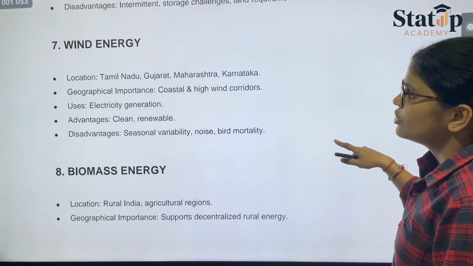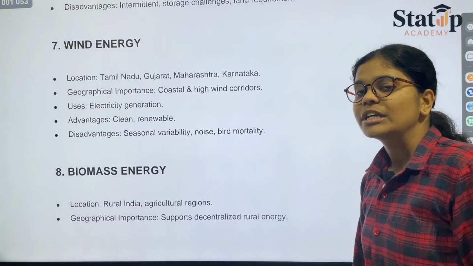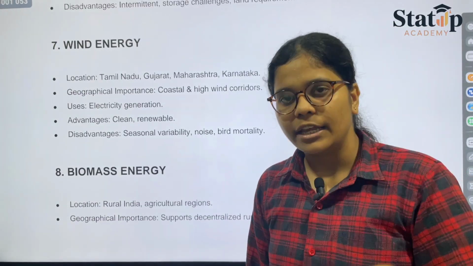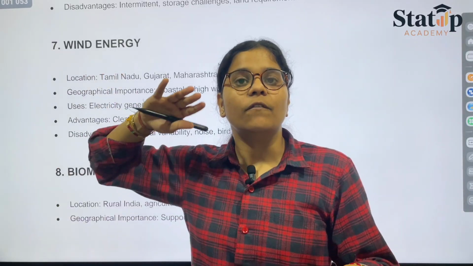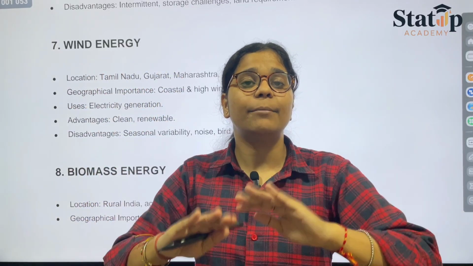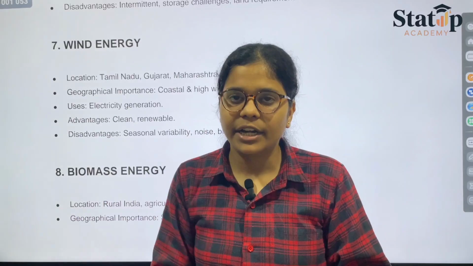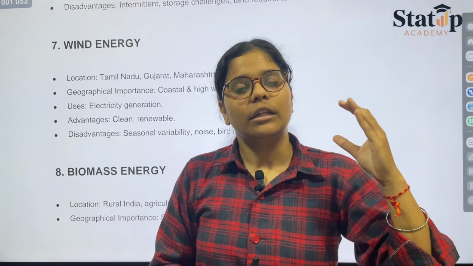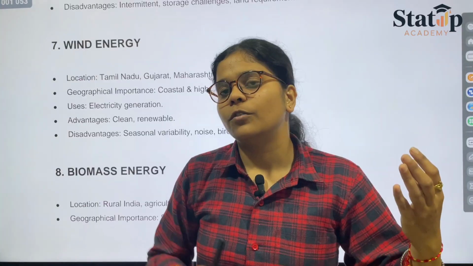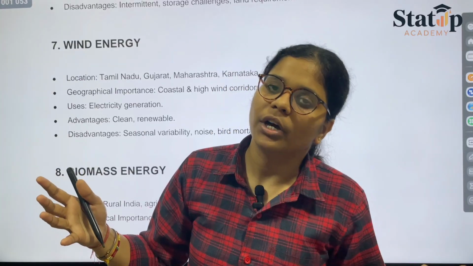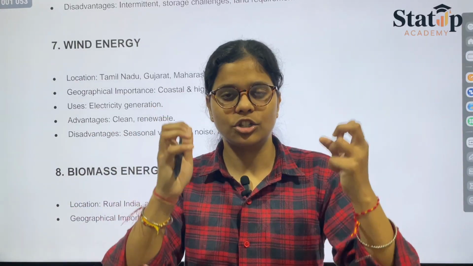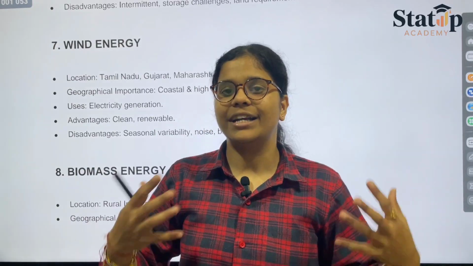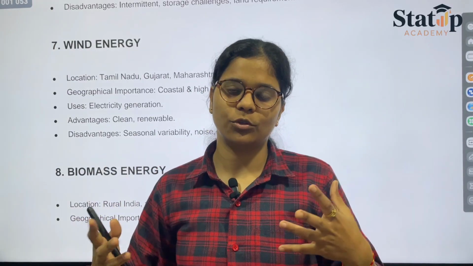Coming on to wind energy, the name itself says that wind is blowing, due to which the energy is there. Wind is blowing with high speed. That high speed is able to rotate the turbine, and the rotating turbine produces rotational motion, due to which the wind energy is converted into electrical energy, and hence the energy could be used for conducting electricity, for running turbines, machines and all those things.